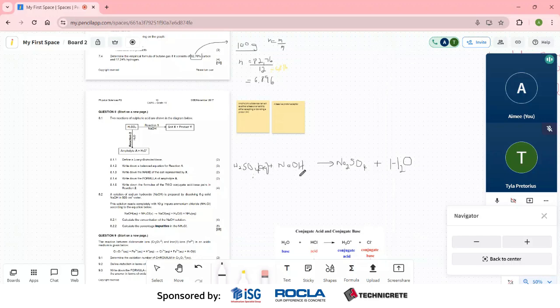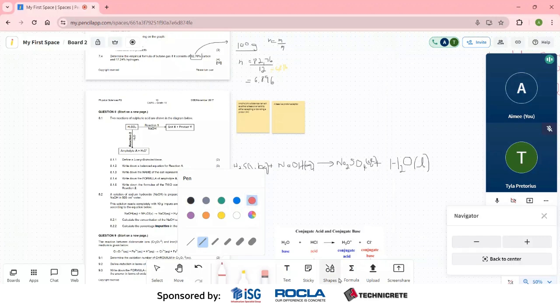So we say aqueous, because remember they have to be in the ionic form. Na2SO4, this can be liquid, this can be aqueous, because it's floating around in water. Okay, but it's not necessarily balanced.